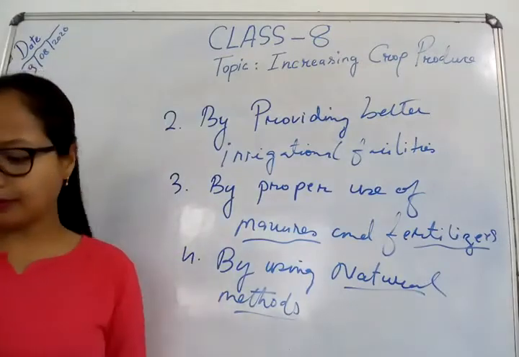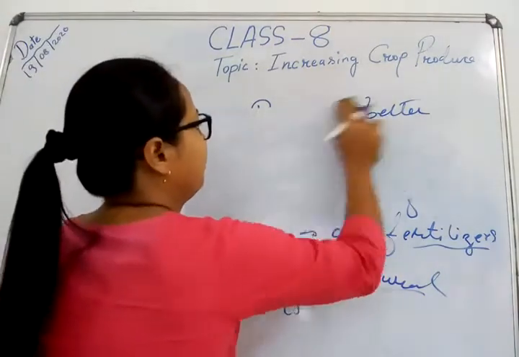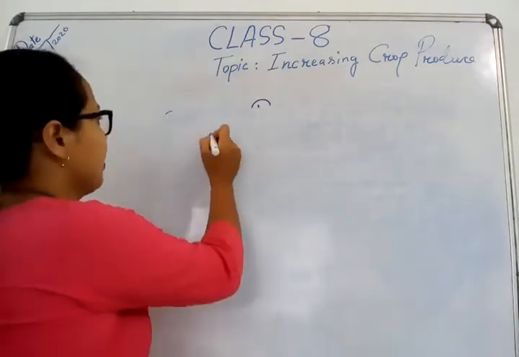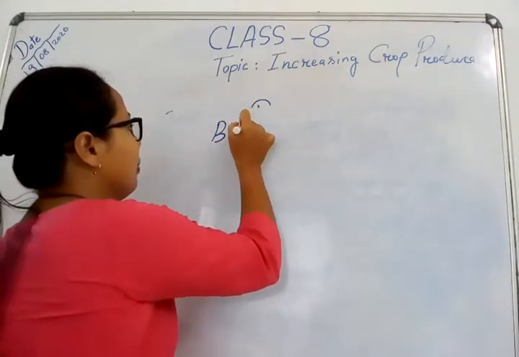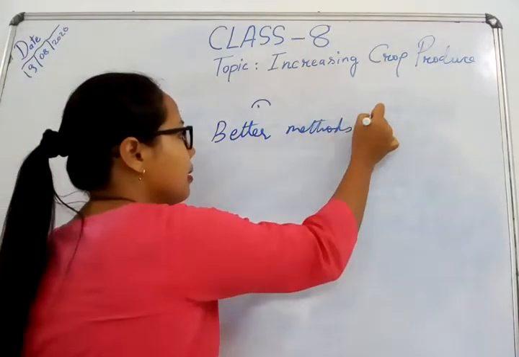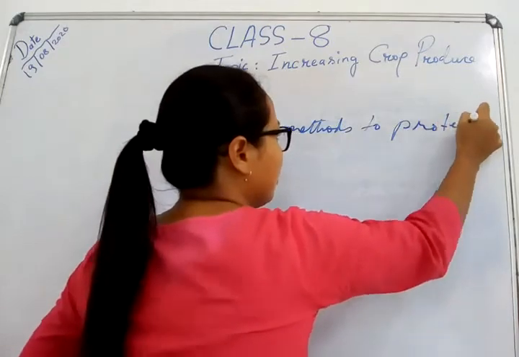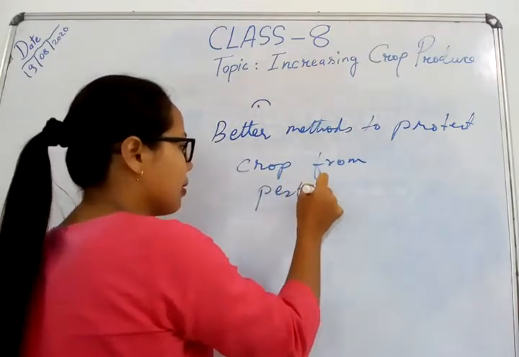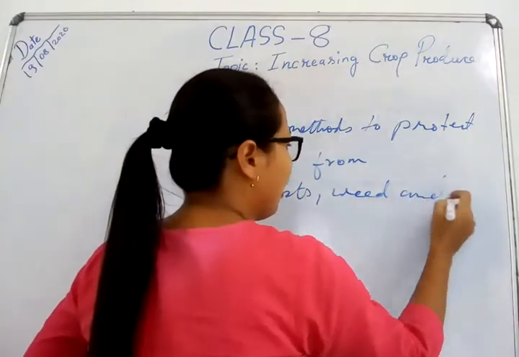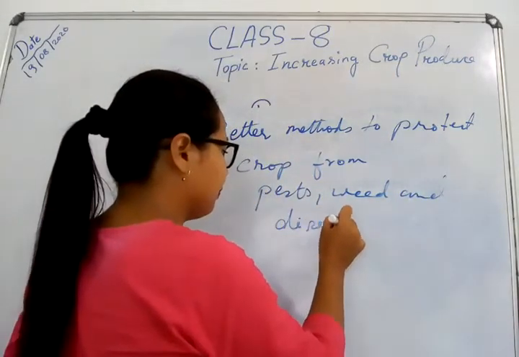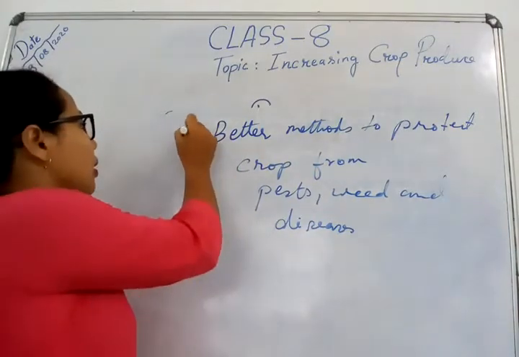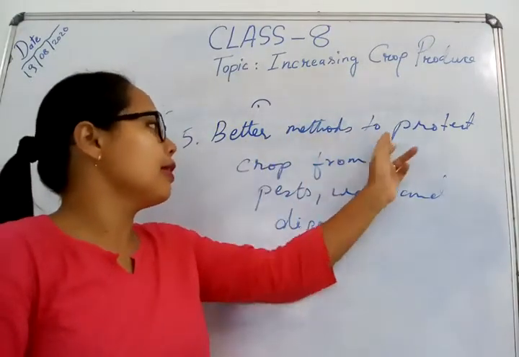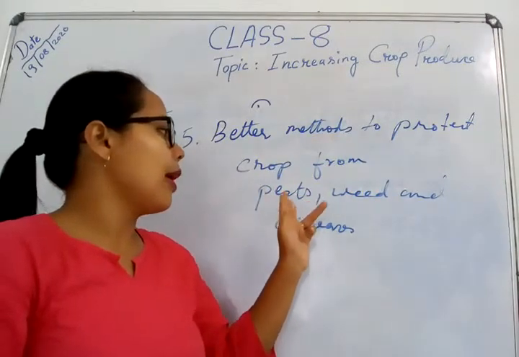So how to increase crop production: it's by using better methods to protect crops from pests, weeds, and diseases.